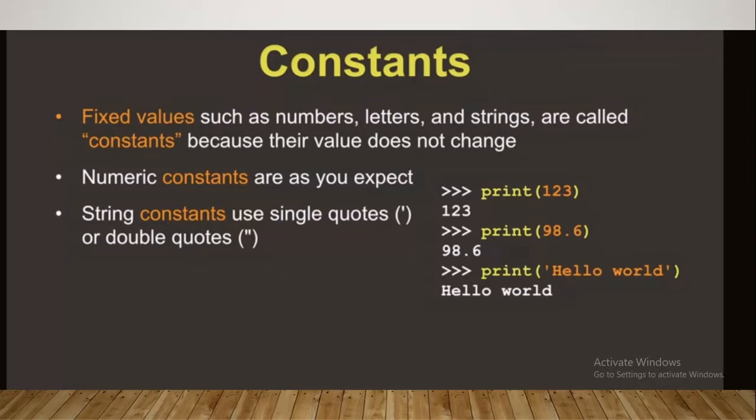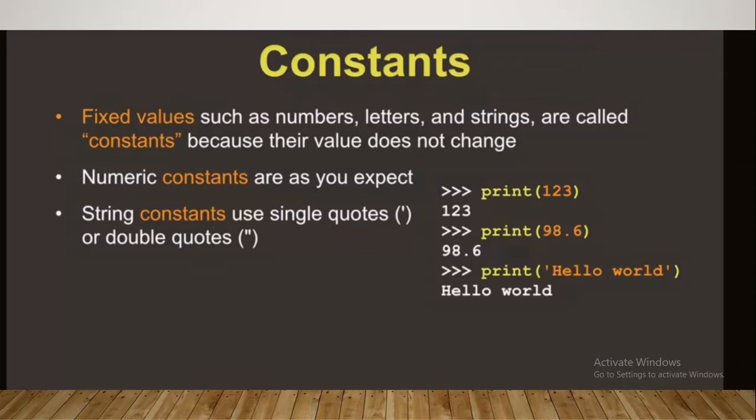Strings, you might not be very familiar with if you don't have a good programming background, but we'll be discussing strings in future videos, so stay tuned. Because the value doesn't change, numeric constants are as you expect, like 1, 2, 3, and also decimals.